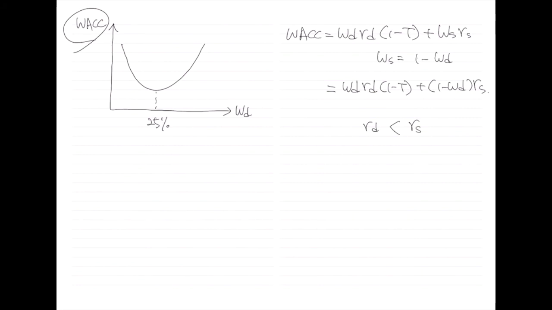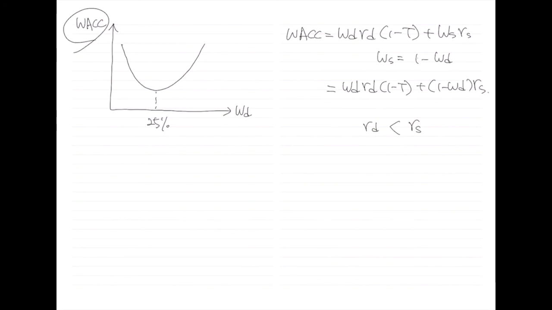So in the first part, the equity ratio goes down, so the cost is reduced from here to here.